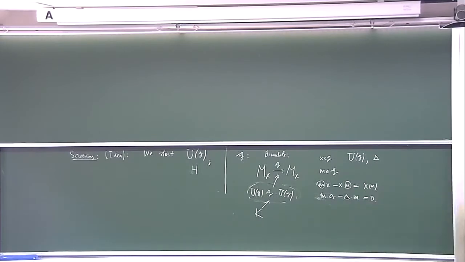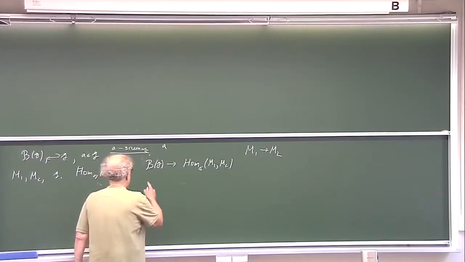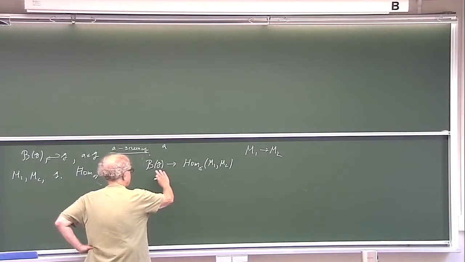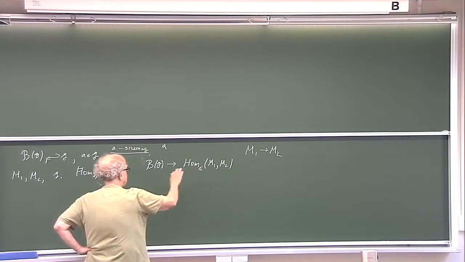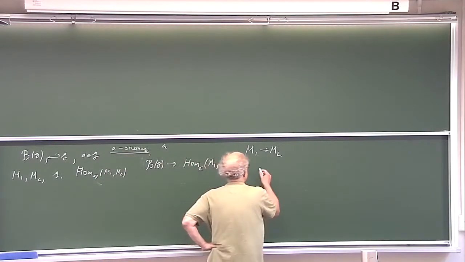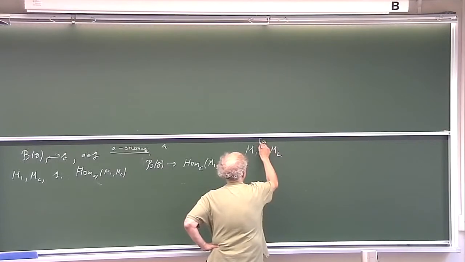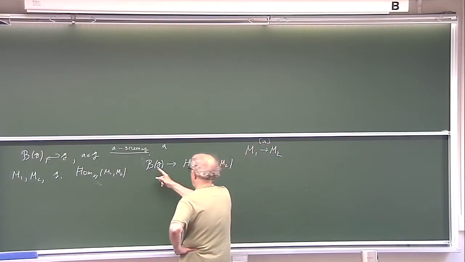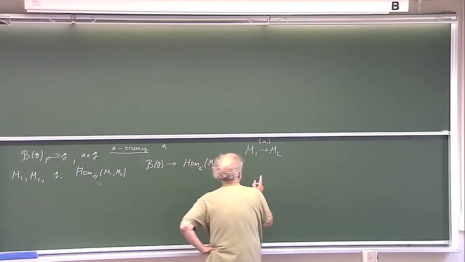Now about composition: the image of A is a homomorphism. But suppose I have M1, M2, and such kind of A, such an embedding.